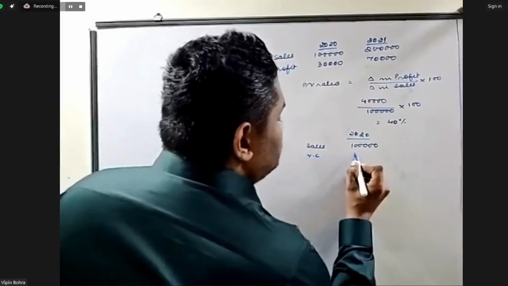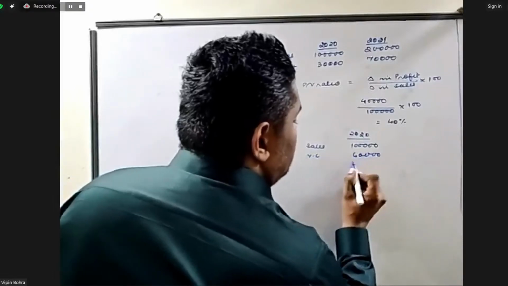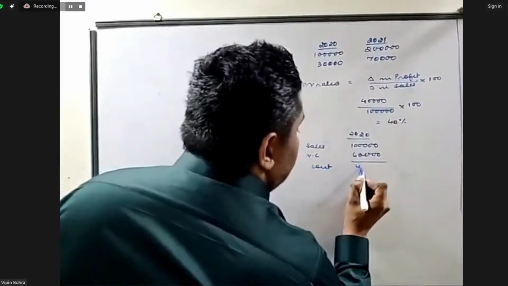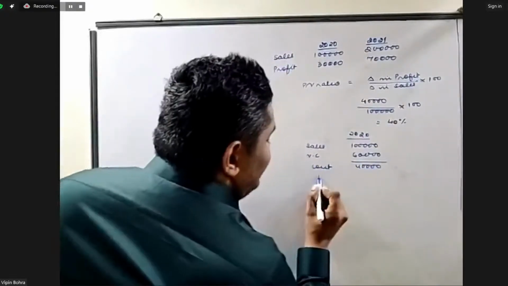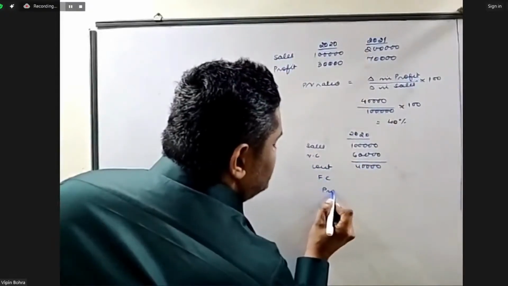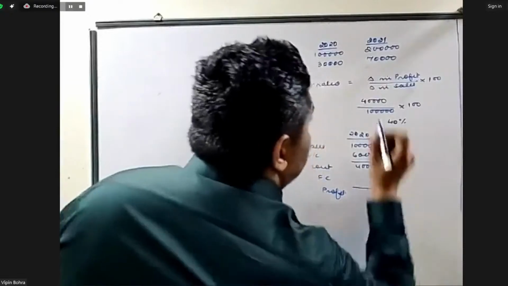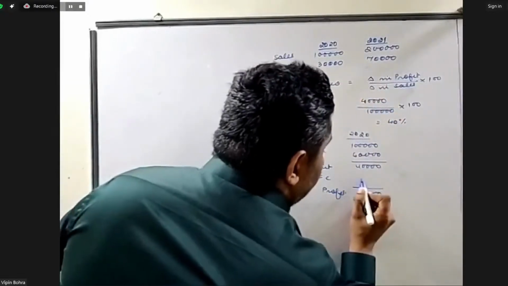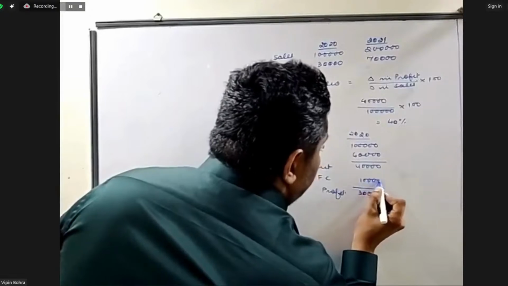My variable cost will be 60,000. Since my PV ratio is 40%, so my contribution will be 40,000. Fixed cost will be my balancing figure since profit is given. So my profit is 30,000. So my fixed cost will be 10,000.